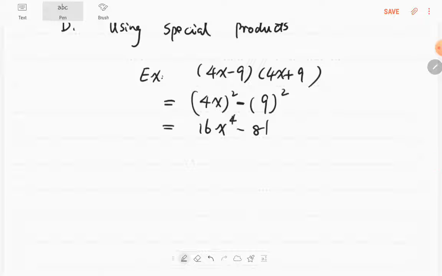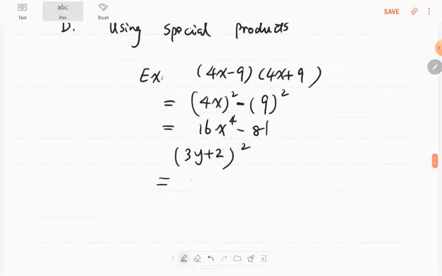Let's check another one. So when we have this one, we know this is another special product, right? This time we have the squaring of a binomial. So we only need to remember a plus b, take the square, is just like a squared plus 2ab plus b squared. So here a squared will be this term, plus 2 times a, which is 3y here, times b.